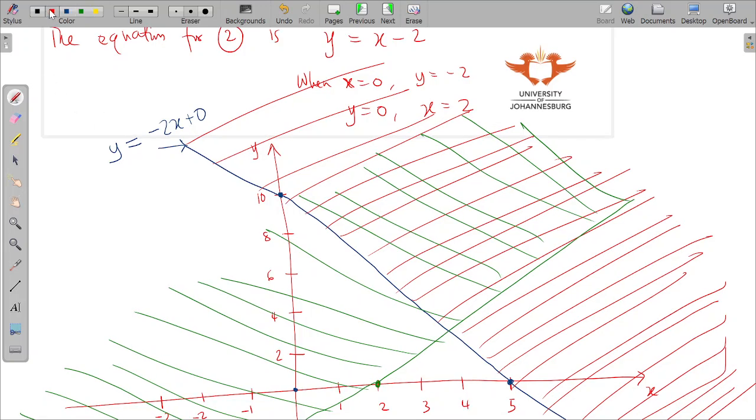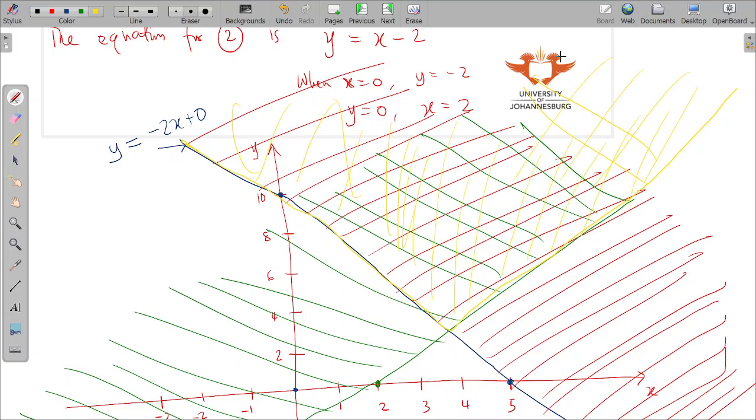So now let's determine our visible region. Our visible region is the region where we have both colors. So you can now see that our visible region is this region. This region is our visible region.